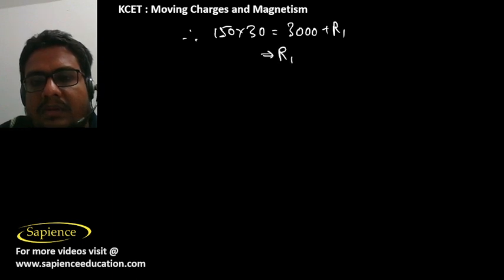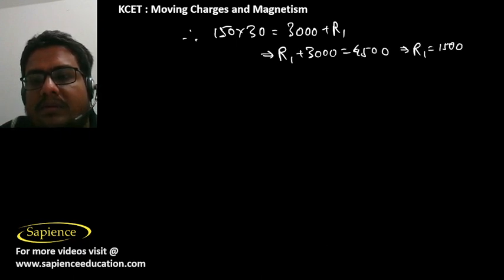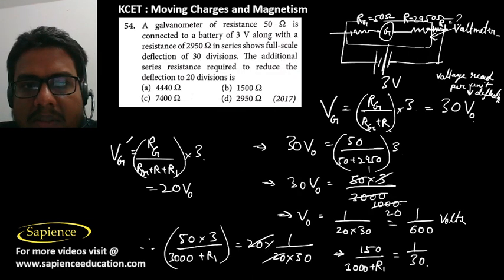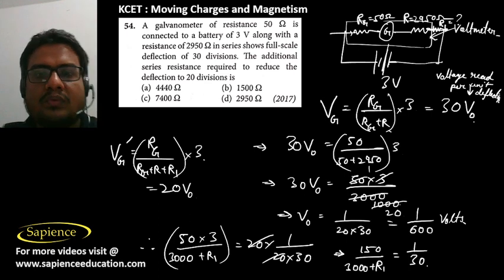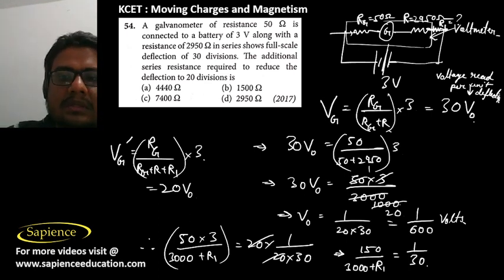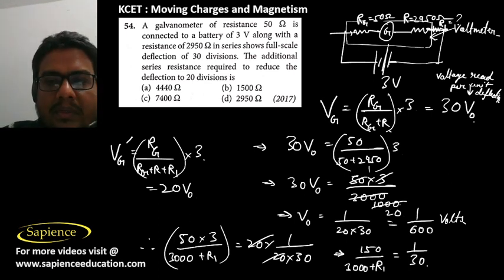So R1 plus 3000 is equal to 4500. Therefore R1 is 1500. So 1500 ohm resistance we should connect in series to reduce the deflection in the galvanometer to 20 divisions. So option B is the correct answer.